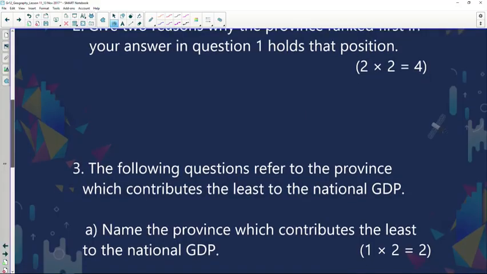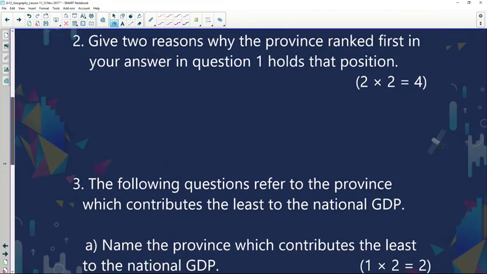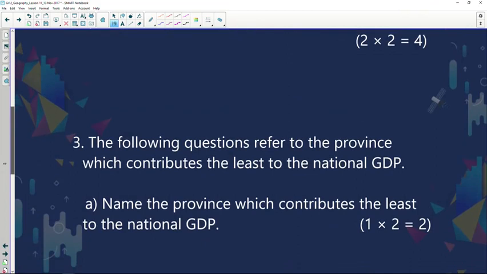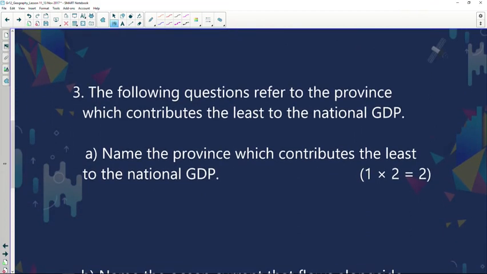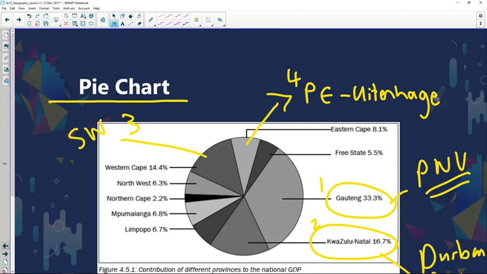If you look at our next question quickly, the following questions refer to the province which contributes the least to your national GDP. Name the province which contributes the least to your national GDP. Let's quickly go and have a look at the pie chart.